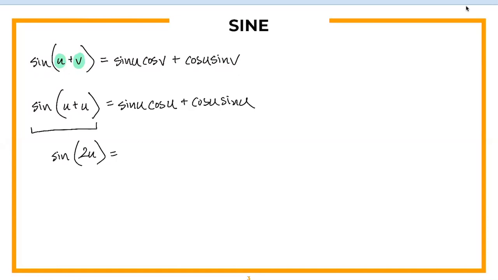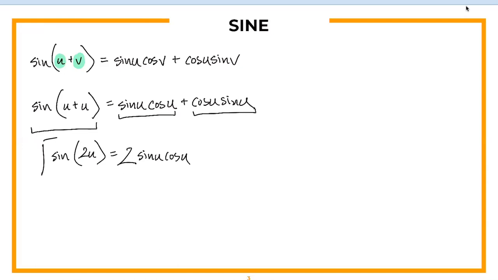Now, if I take a look at this, sine u cosine u, is that equivalent or not equivalent to cosine u sine u? It is equivalent? Exactly, it is equivalent. So that means we don't have one of them. We actually have two sine u cosine u on that right-hand side, okay?